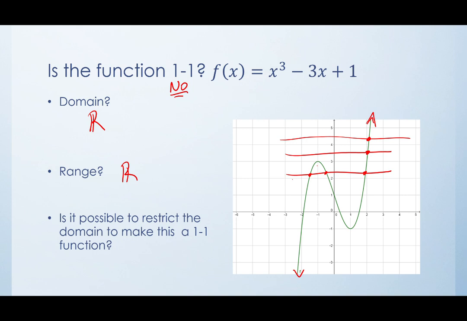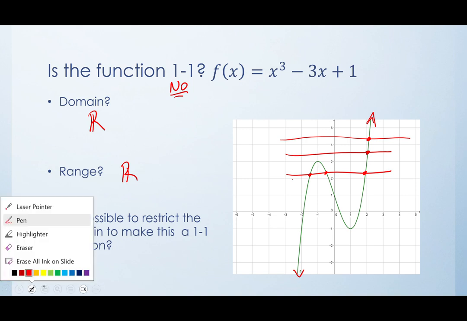Now, the question is, can we restrict the domain? Can we take a smaller chunk of this graph to make that part of it one-to-one? And the answer is yes. I'm going to switch colors here.